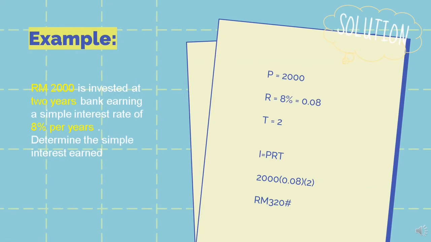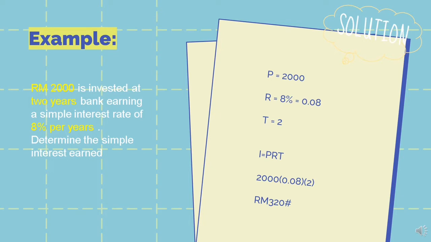Next, let's look at an example of simple interest. The question is, RM2000 is invested for 2 years in a bank earning a simple interest rate of 8% per year. Determine the simple interest earned. For the solution, P is RM2000, R is 8% or 0.08, while T is 2.